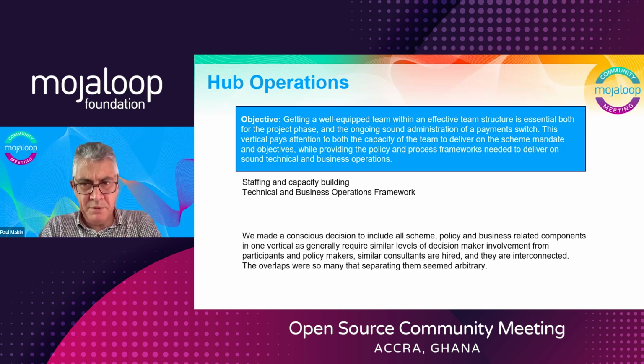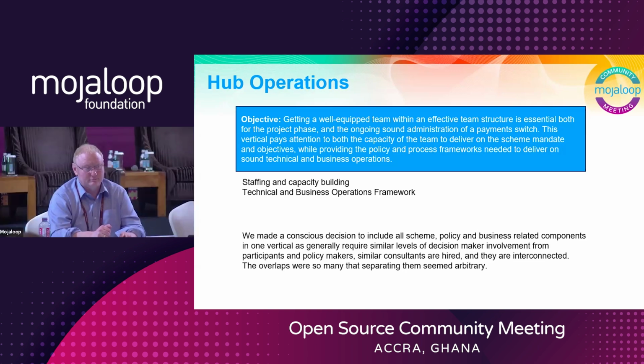I always think that building those business processes, identifying the control points, and setting up your identity and access management system, the role-based access, the maker-checker, etc., are all essential to building a functional hub operations team. Next slide.